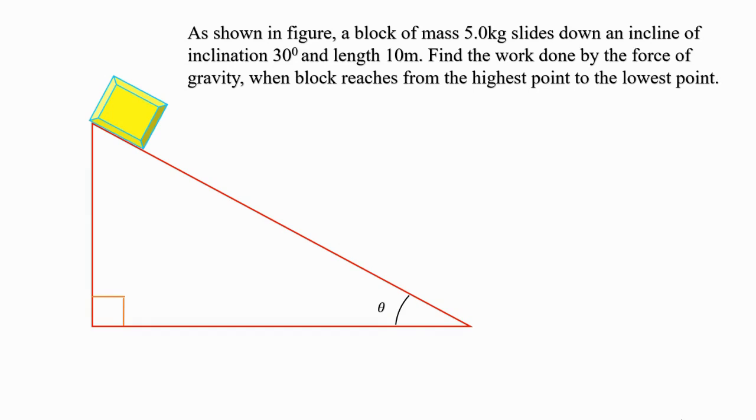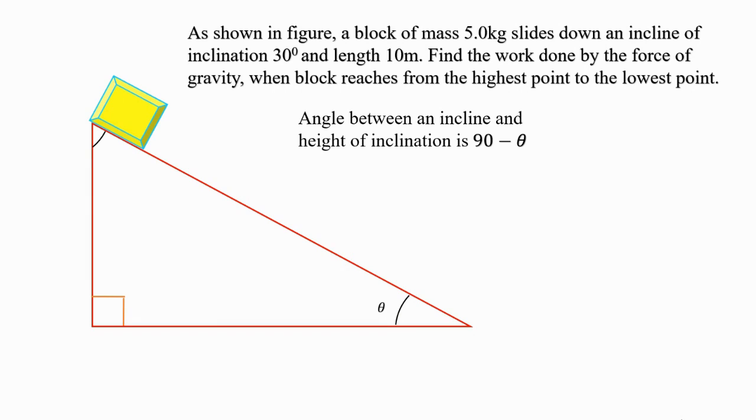In this example, the force acting on the block is the gravitational force, which is one of the example of the constant force. In this figure, angle between an incline and height of inclination is 90 minus theta.